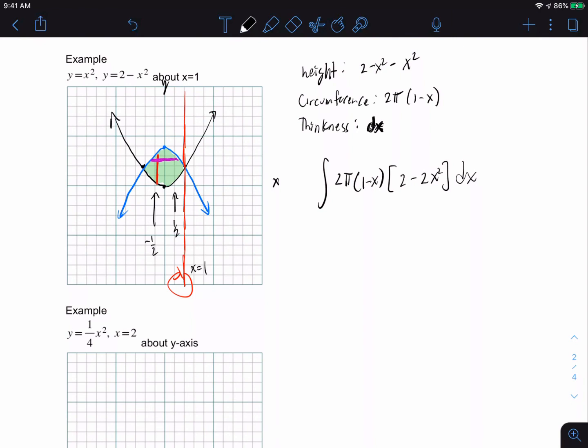What do you guys think? What are the bounds? Yes, it's from -1 to 1. Okay, so now I can pull the 2 pi out. I'm going to go from -1 to 1, and I'm going to get 2 minus 2x squared minus 2x minus 2x cubed dx. Are you guys okay with that?